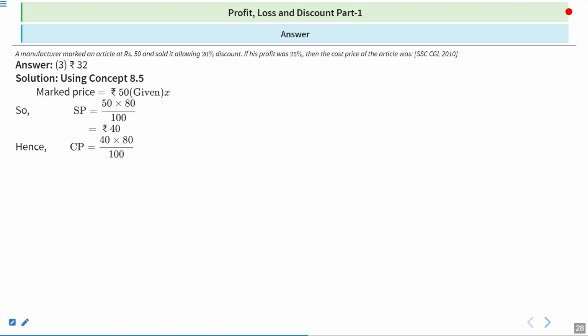Now this 40 rupees is equal to 125% of the cost price. So the cost price will become 40 into 80 upon 100. When we simplify it, we get 32 rupees. So the third one is the correct answer. Next one.